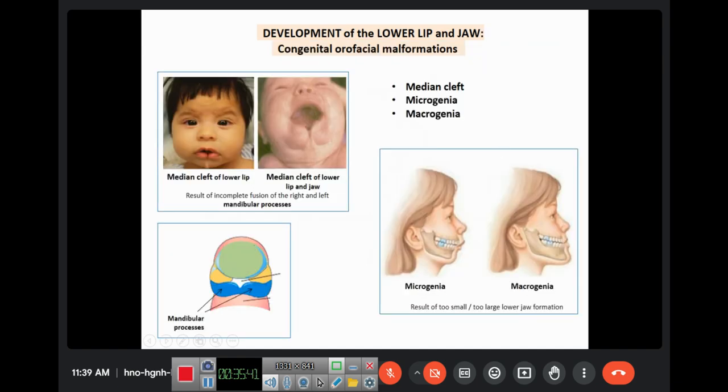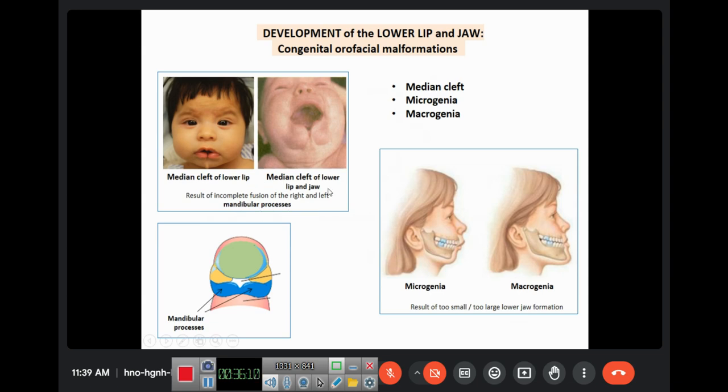The congenital orofacial malformations of the lower lip and jaw include medial cleft, microgenia, and macrogenia. Medial cleft happens in two forms. Medial cleft of lower lip, seen here, is the result of incomplete fusion of right and left mandibular processes.